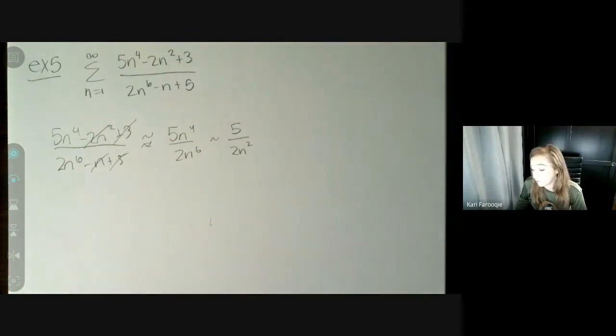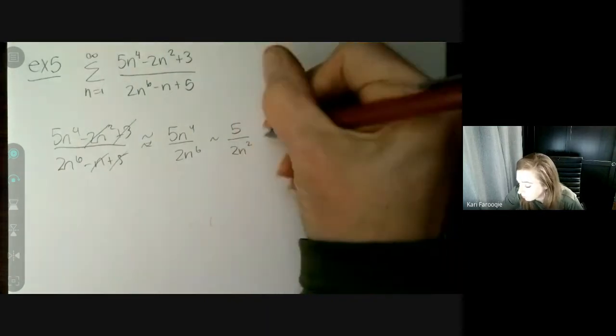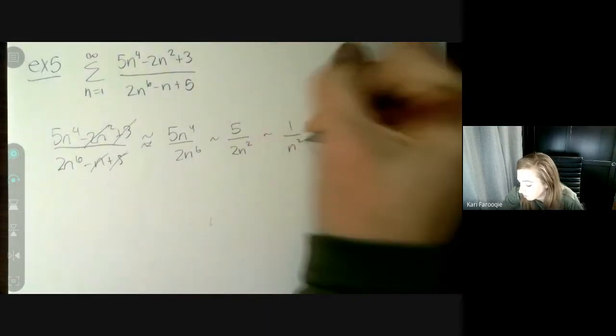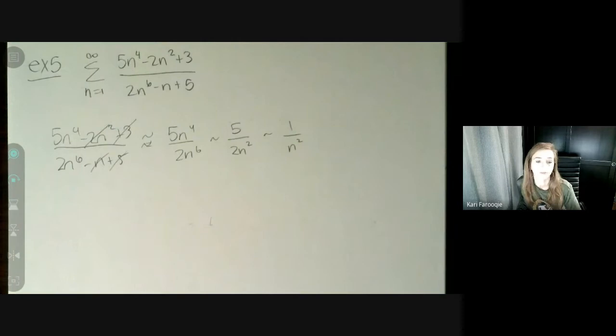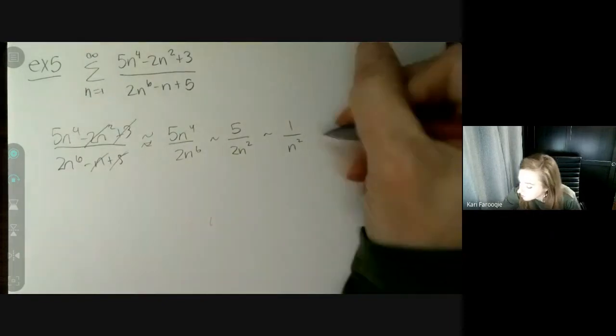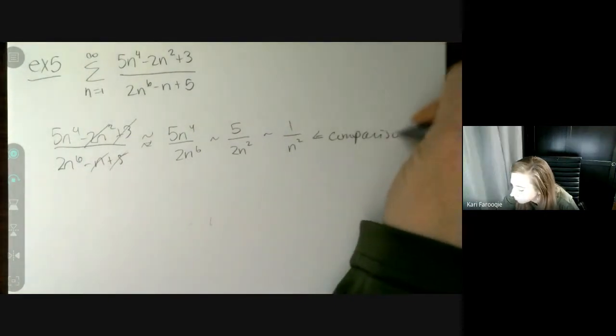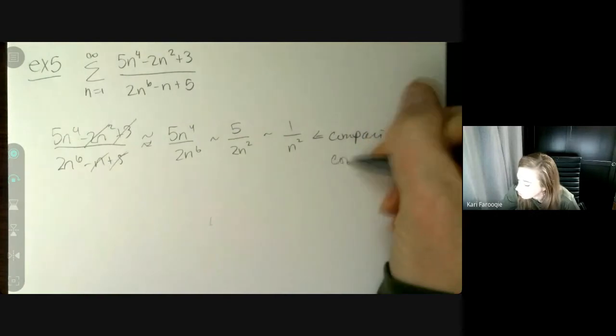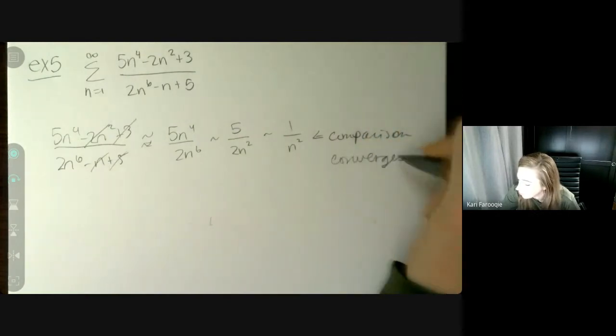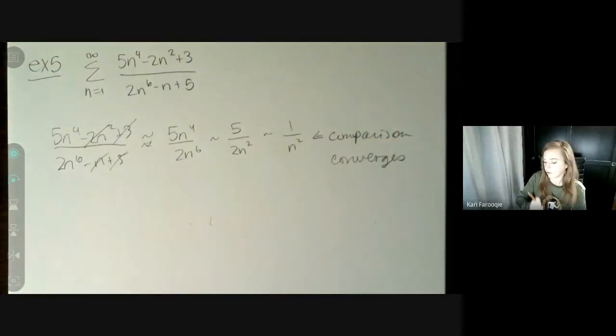And since you know the constants aren't really doing anything for you, you can say that this is really just kind of like 1 over n squared, if you want to go that far with it, which I think you should. So this is going to be your comparison series, and it converges because it's a p series where p is greater than 1.